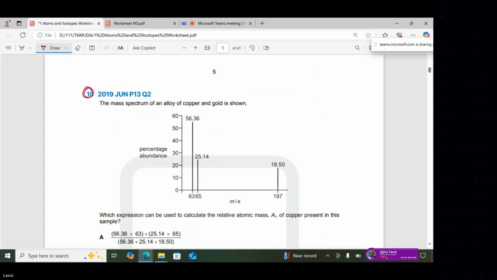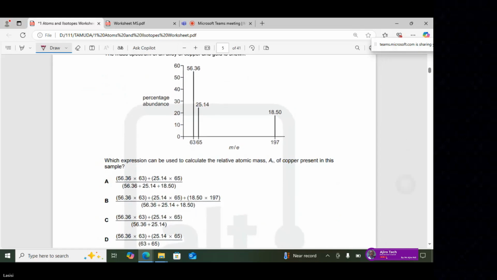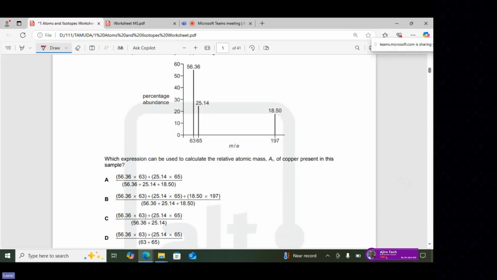A is not correct, B is not correct, C is not correct. So the other one is B.